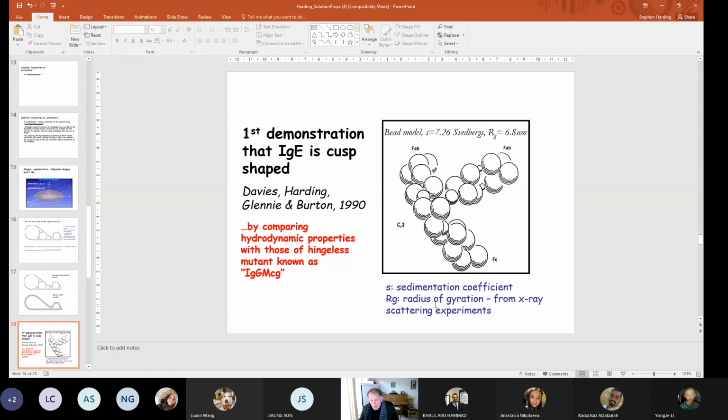You compare it with the experimental data, and then you adjust the model until you end up with agreement. And using this type of modeling, back in 1990, we were the first ones actually to show that the antibody IgE had a cusp shape in solution.